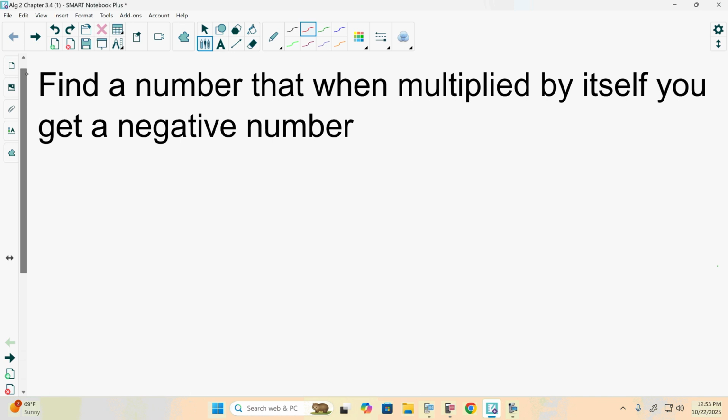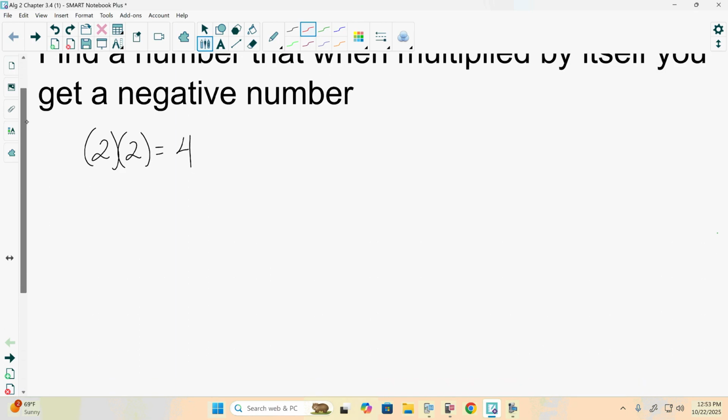Because no matter what we do, when we multiply a number by itself, say even 2, 2 times 2, 2 squared, is going to give us positive 4. Negative 2 times negative 2 is still 4. When we multiply a number by itself, we still get a positive number. There's no way to multiply a number by itself and have it be negative.